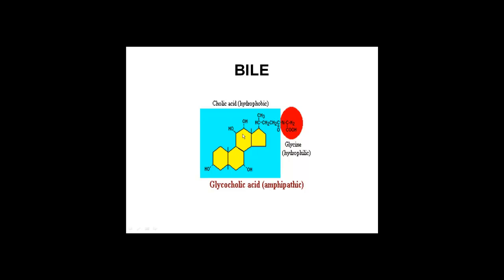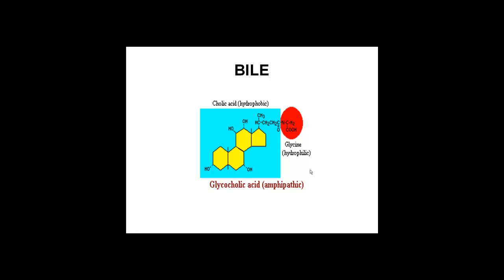Bile has cholesterol as part of its structure, and its job is to emulsify. An emulsifier is something that helps something that's not water soluble mix with water, because it has a hydrophilic end and a hydrophobic end. The hydrophobic end, as you can see, looks very much like cholesterol, and is going to bind onto the lipid piece.